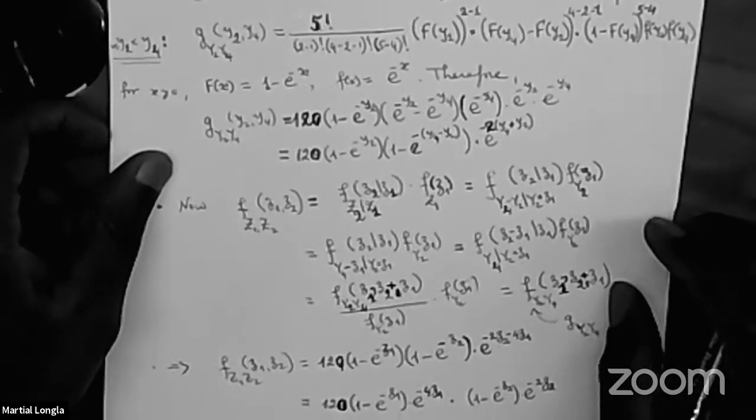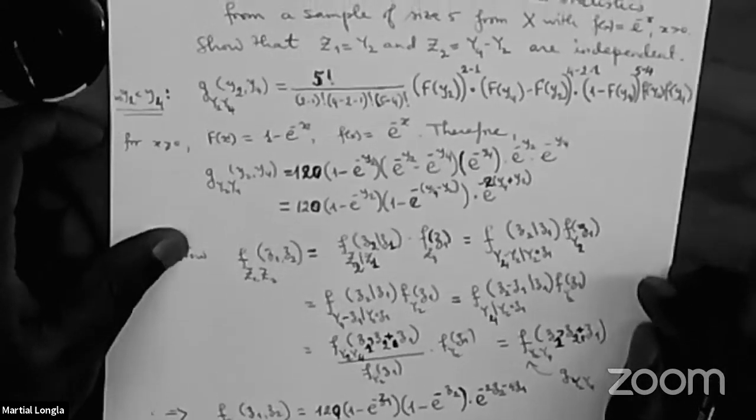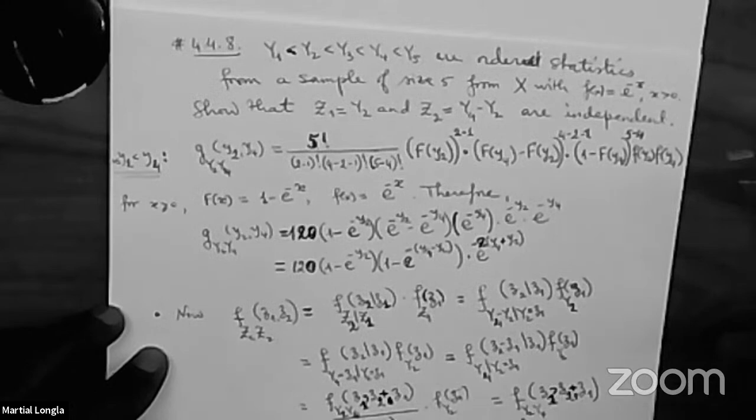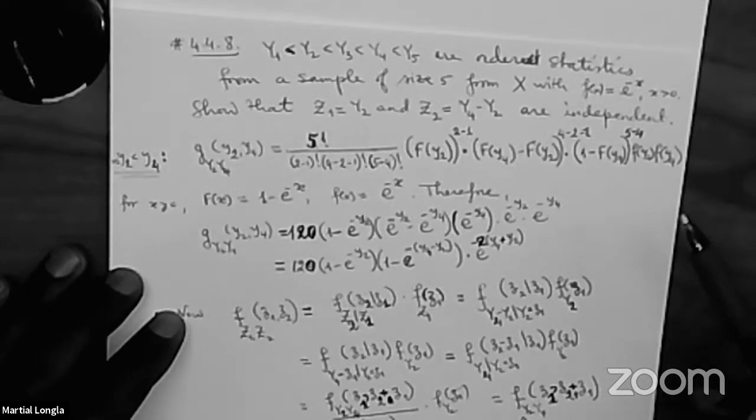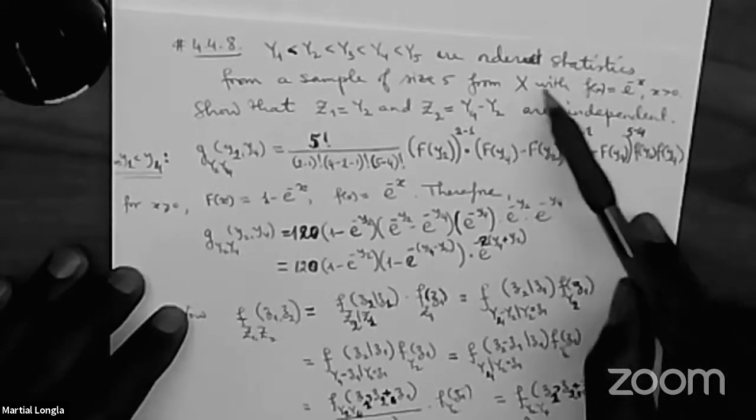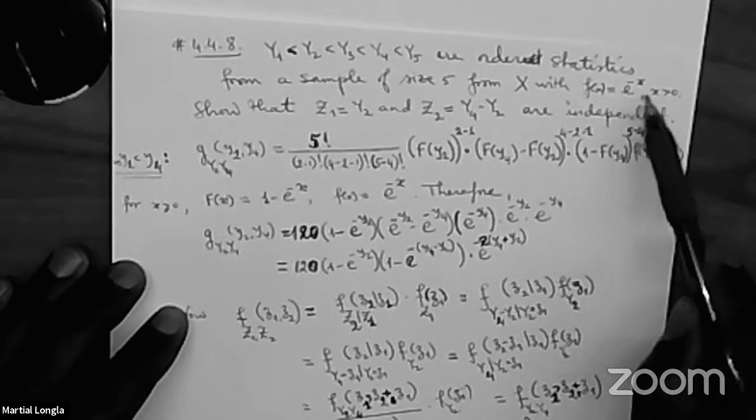Now, the third problem is about order statistics of 5 random numbers, a random sample of size 5 from a distribution f of x equal e to negative x, x larger than 0, the same distribution we had in the previous problem.